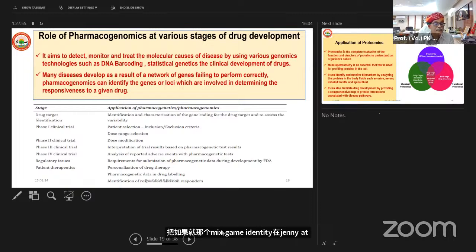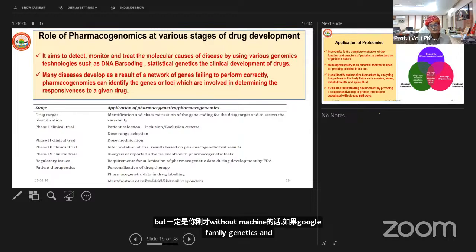So drug target identification, then phase one of the clinical trial, patient selection, inclusion, etc. Many scholars, PG scholars and PhD scholars, know this particular step, but it is the future, because without knowing the pharmacogenetics and pharmacodynamics of the drug, it is very difficult to say anything.